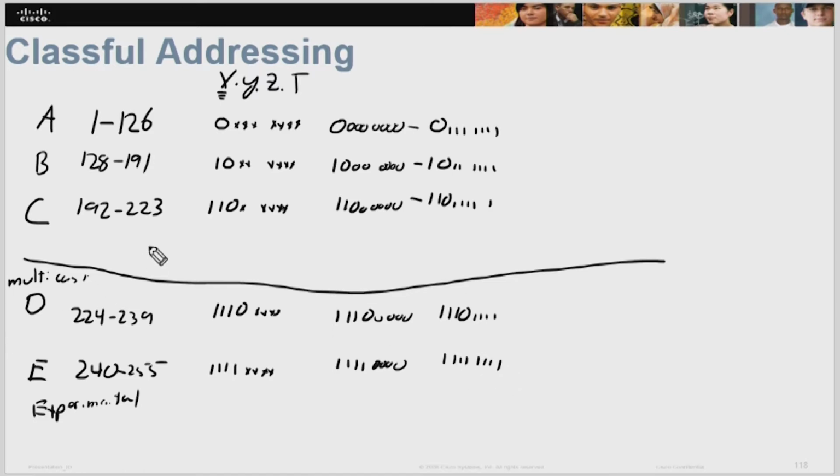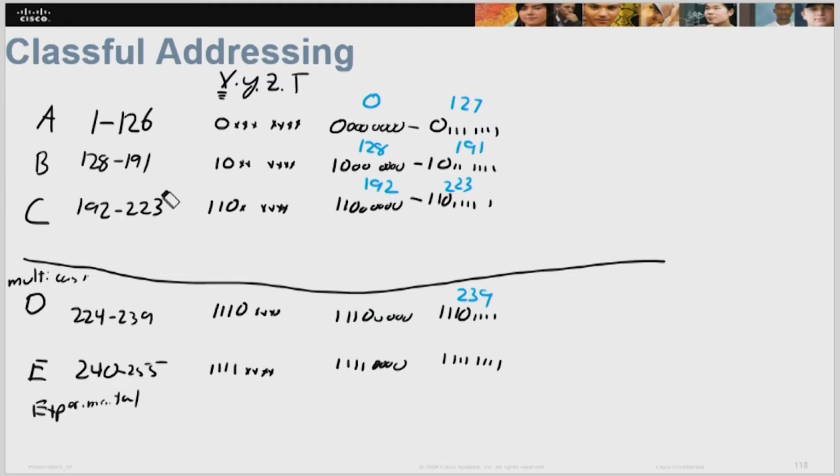Numerically, what are these values? Well, this would be 0 and this would be 127. This will be 128 and 128 plus 32 plus 16 plus 8 plus 4 plus 2 plus 1. Yeah, 191. This is 192. This is 223. This value will be 240. This will be 239. Did that wrong.